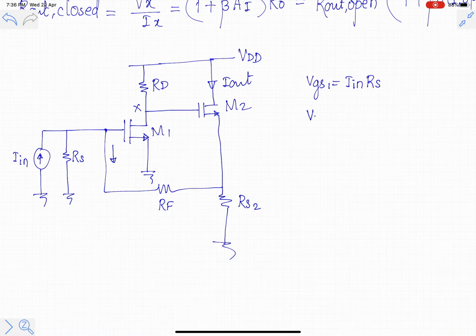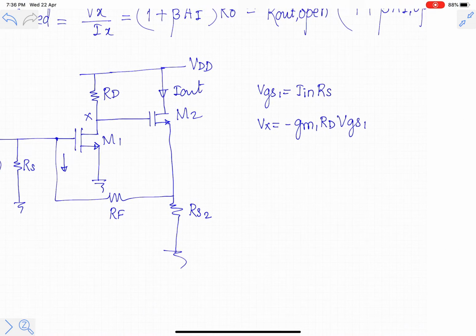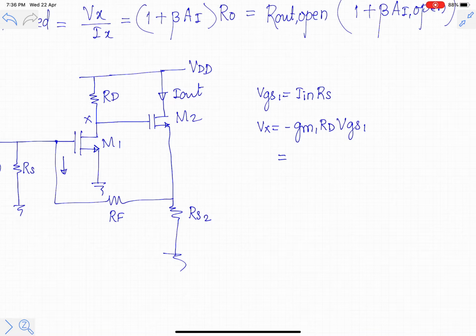So output voltage Vx will be equal to minus GM1 into RD multiplied by VGS1. Output voltage is equal to gain multiplied by input voltage. So it is minus GM1 into RD multiplied by RS into I in. I have substituted the value of VGS1 from here.